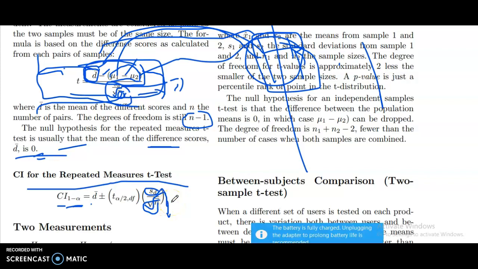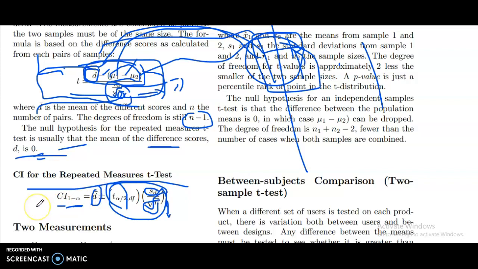Then we multiply with t alpha by 2, and then add and subtract with d bar, the mean of the difference scores.